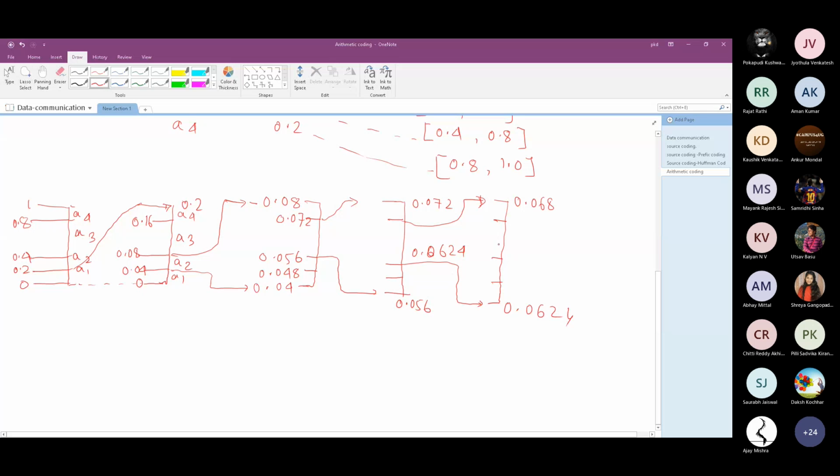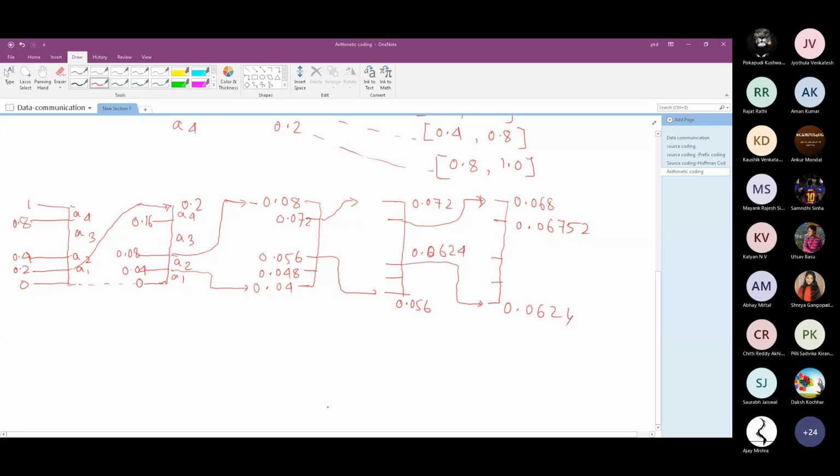Or if we make it further, the final interval, which is 0.06667. So the interval which we are expanding is going in an upward direction one by one.